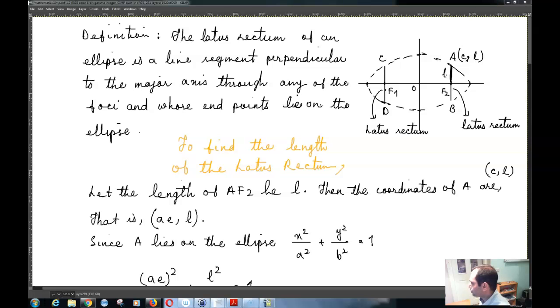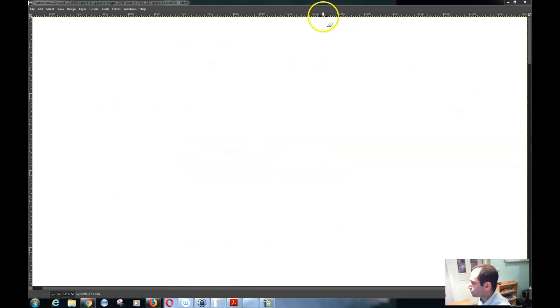Now let me create another layer over here. There is another concept over here, which is called the eccentricity of an ellipse.